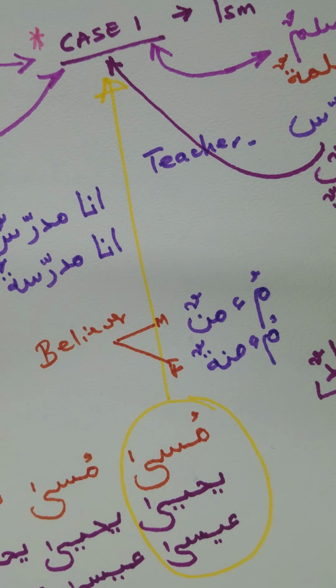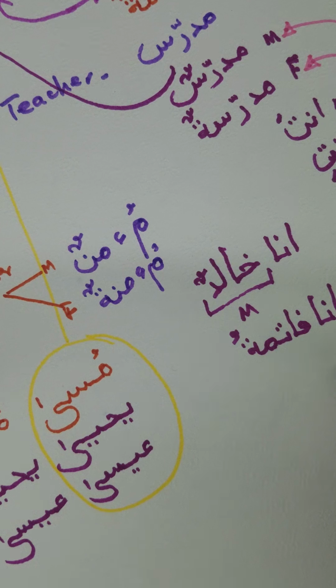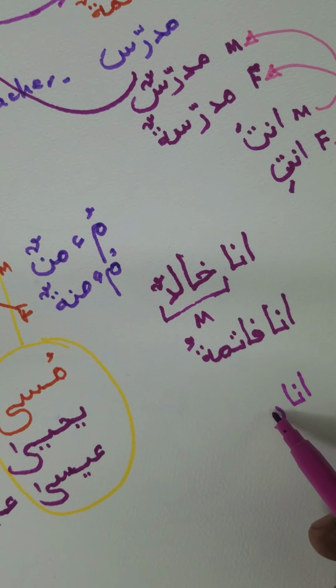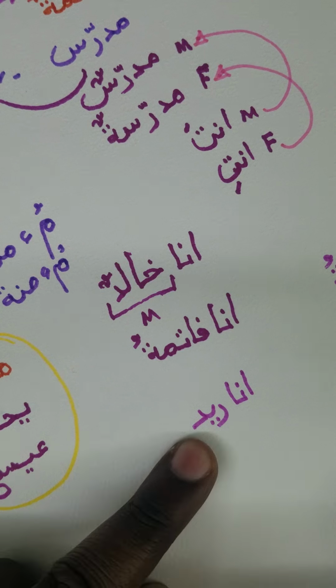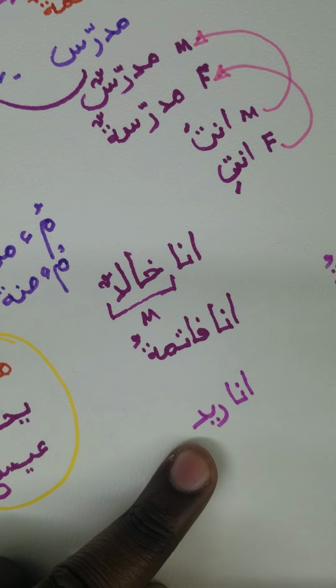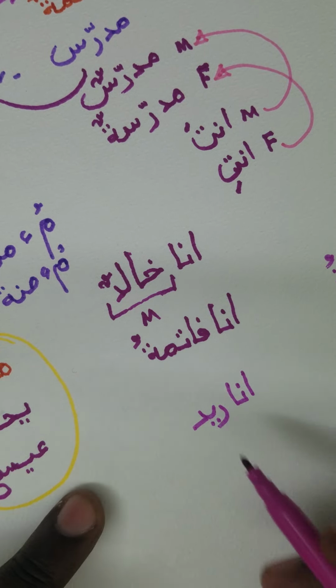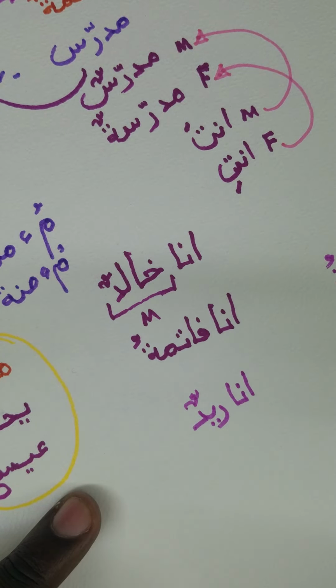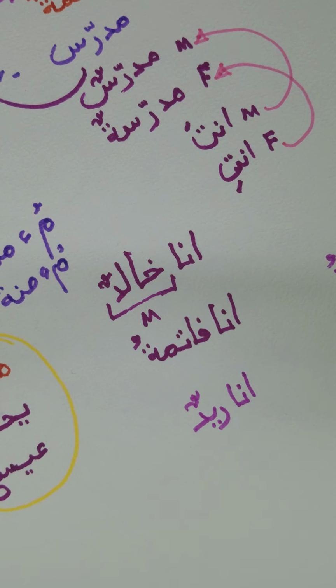But we also have a name like Zaid. Ana Zaid. This is an Arabic name, so its case 1 is going to be Zaidun. Zaidun.